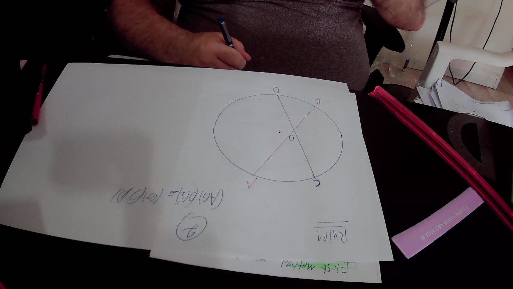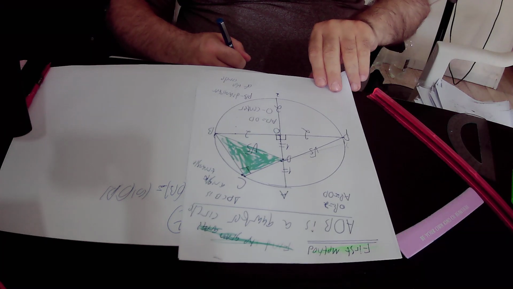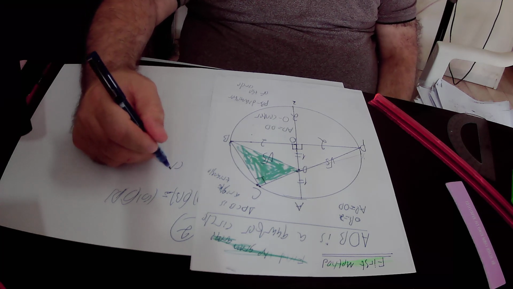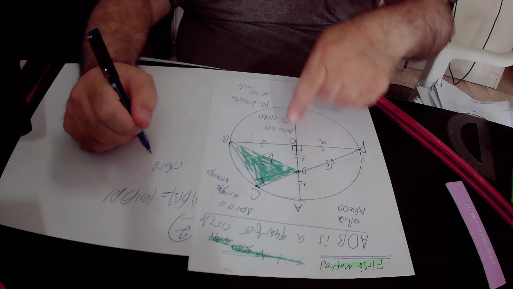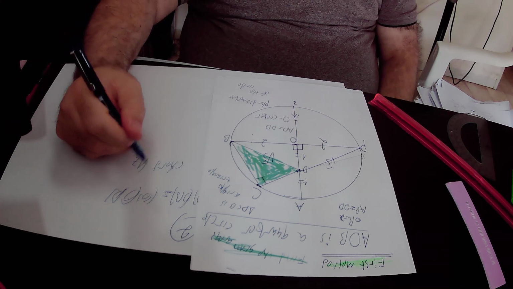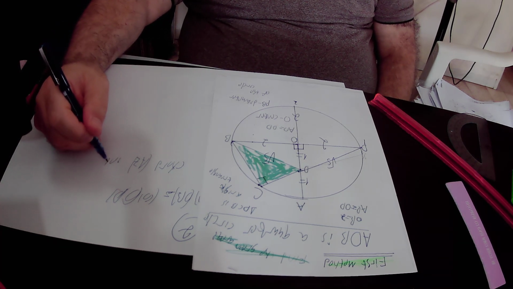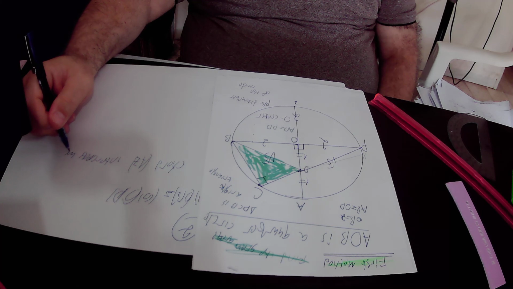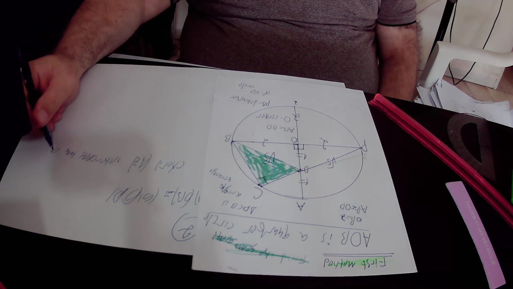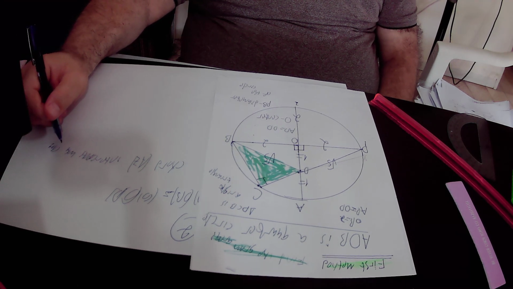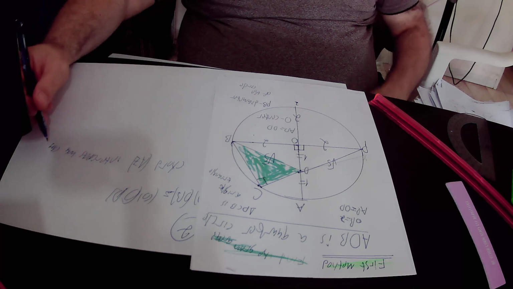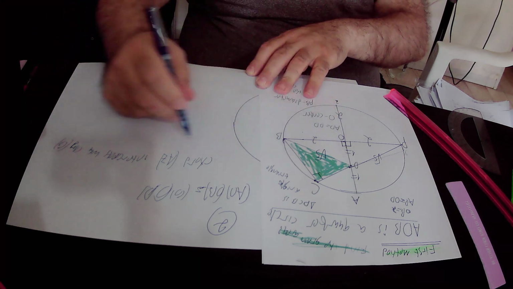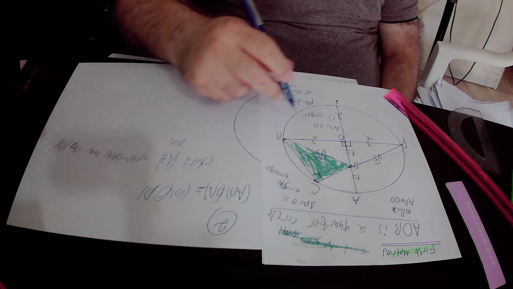We can implement rule number 1 in our drawing, because in our drawing we have here chord AZ, this chord intersects with chord CP at point D. Point D is the intersection point of chord AZ with chord CP.